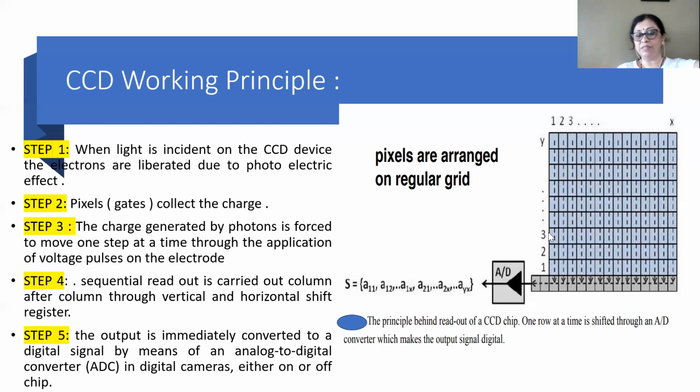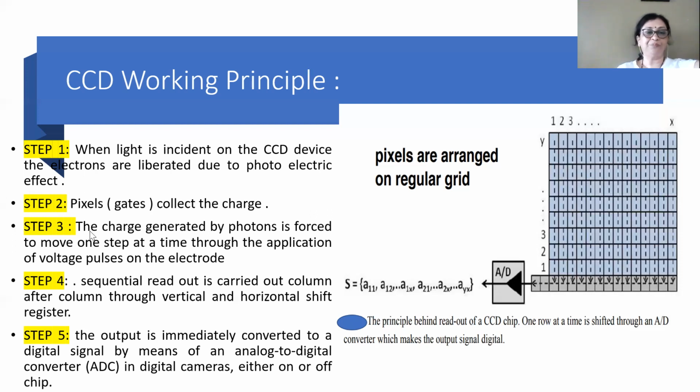The charge which is present at third row will be shifted to the second row. Like this, the whole information goes on shifting one by one and it will be given to the horizontal shift register, and through horizontal shift register it will be outputted to amplifier as well as analog to digital converter to convert it into equivalent digital value.